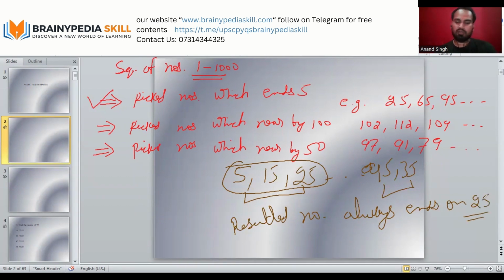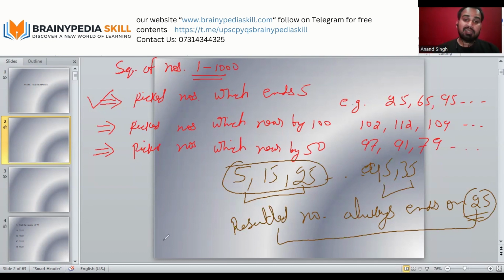This is what you have to remember in this particular set of square numbers. Again I am repeating: whenever a number ends on 5, in the resultant number, the last two digits are going to be 25, right?